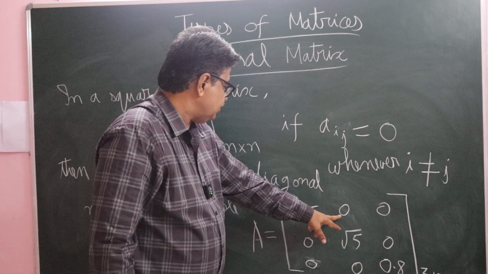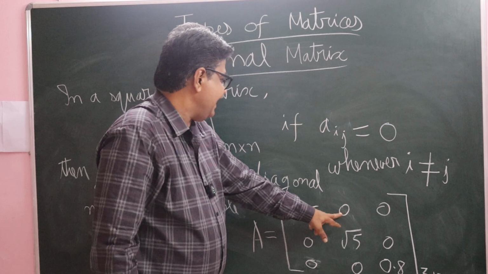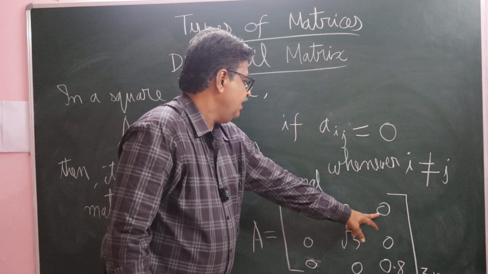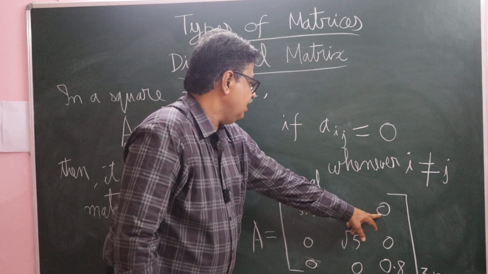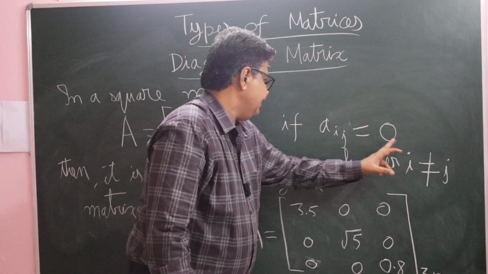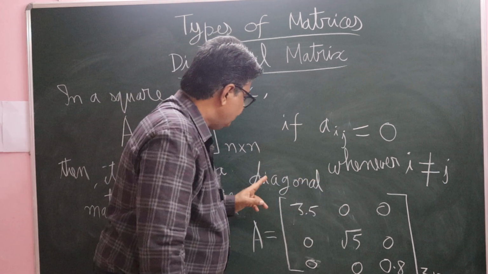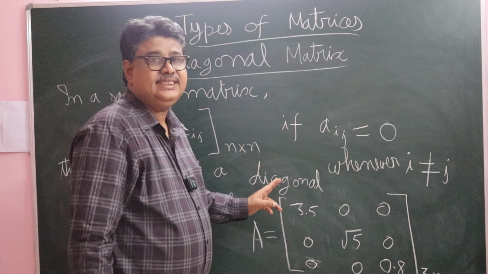Here, first row, second column, i is not equal to j. Therefore it is 0. Here, first row, third column, i is not equal to j. Therefore 0. So when i is equal to j, you have the values, non-zero.